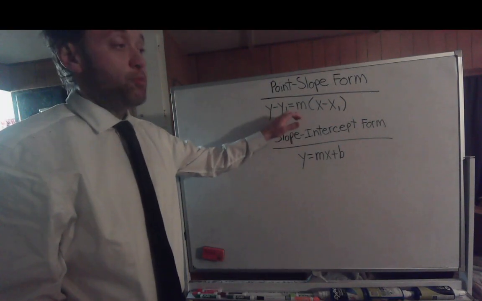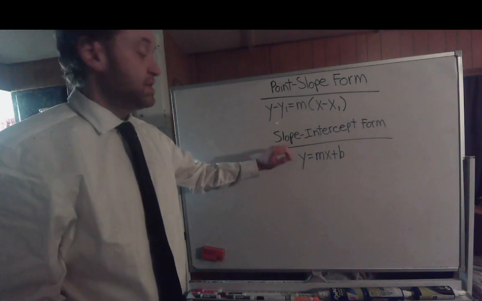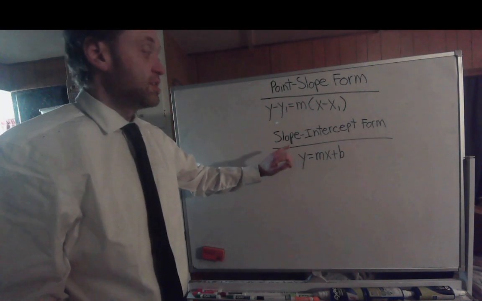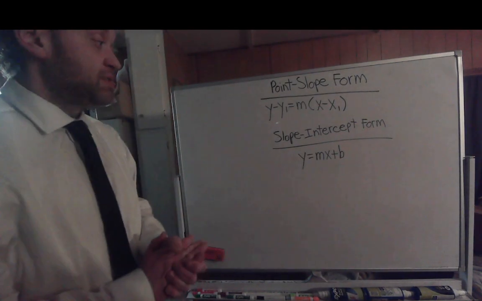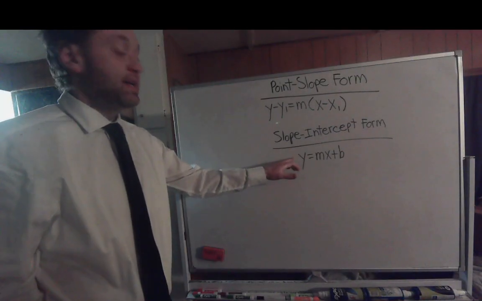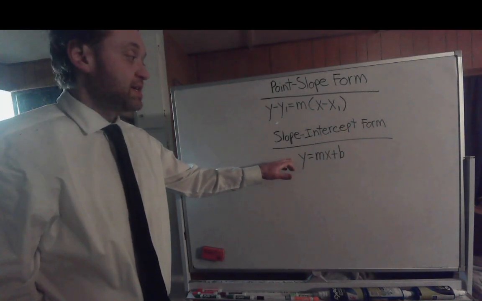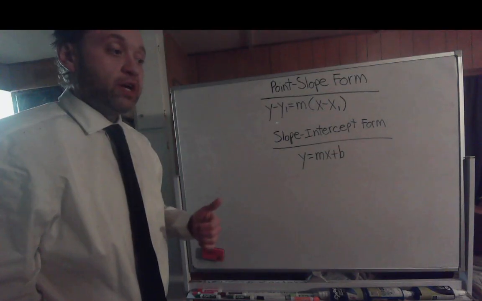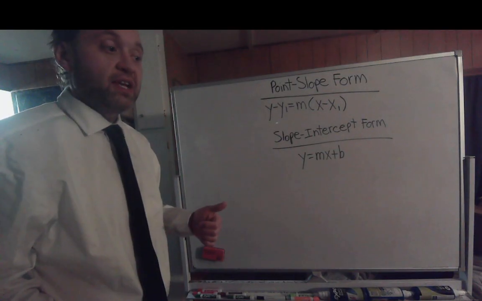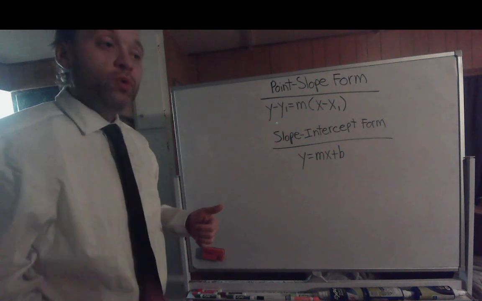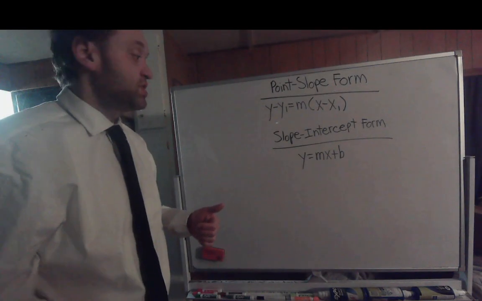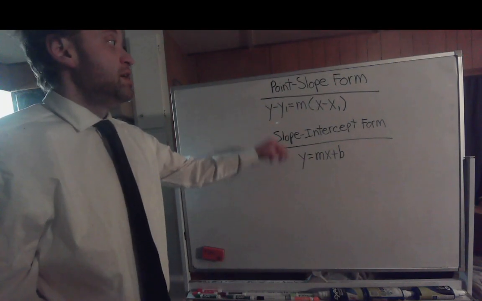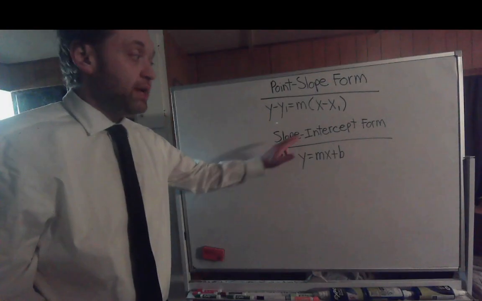When you work out point slope form, it does ultimately end up converting into slope-intercept form. The reason for that is because, of course, y is the same thing as f of x. If we had a linear equation and we used f of x instead of y, it's always going to be in slope-intercept form every single time. So that's why we convert from point-slope form to slope-intercept form.